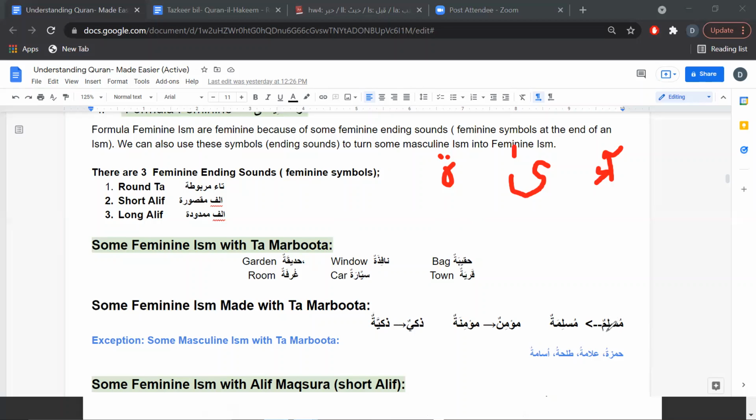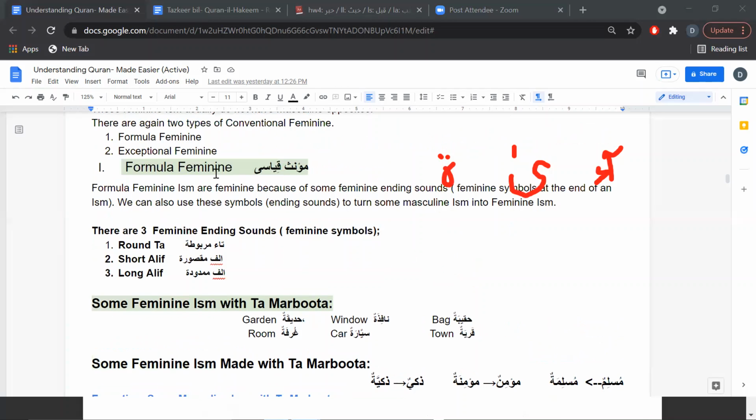How can you convert it into a feminine ism? Muslimatun. And how do you convert mu'minun into a feminine ism? Mu'minatun. Excellent. And like Jamilun? Jamilatun. Okay, good. Because you are just adding a ta marbuta at the end, you are using an addition formula to make it feminine.